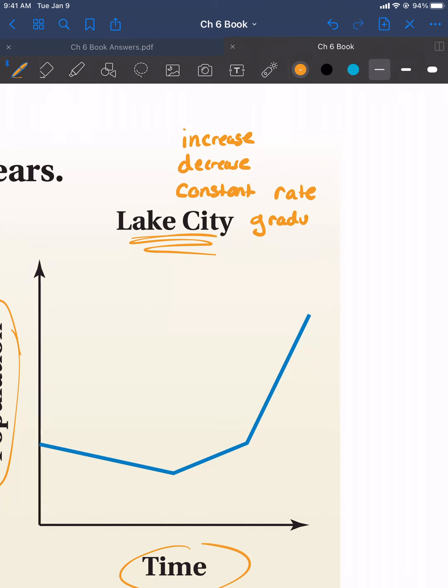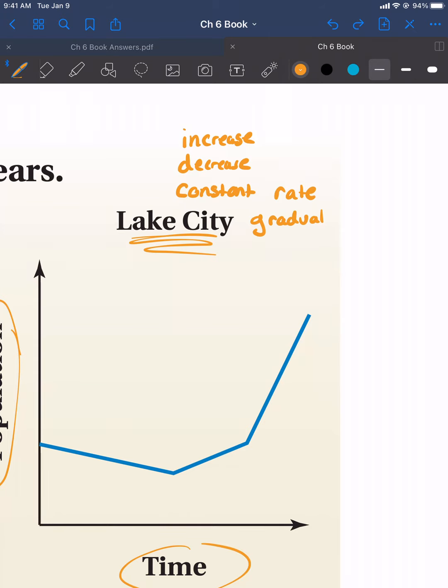My word on the test is always so confusing. How do you spell gradual? That's gradually. That looks really wrong. It's probably spelled wrong. I'm sorry, children at home watching this. I don't know, it just looks funny. Increase, decrease, constant rate, gradual.